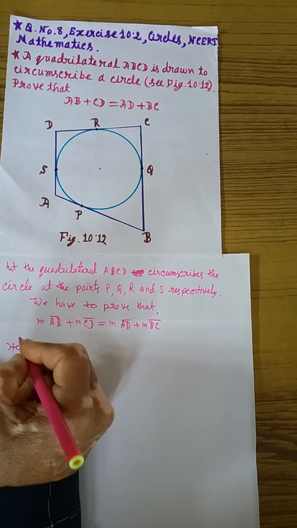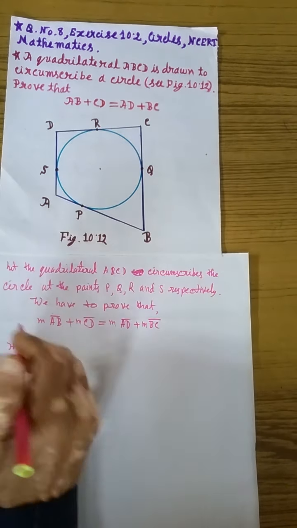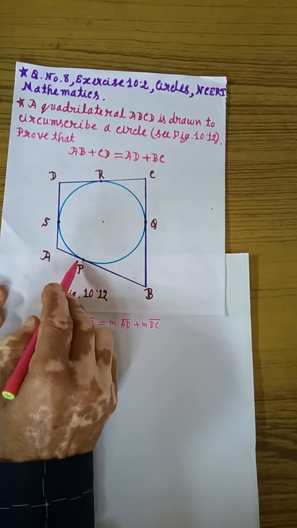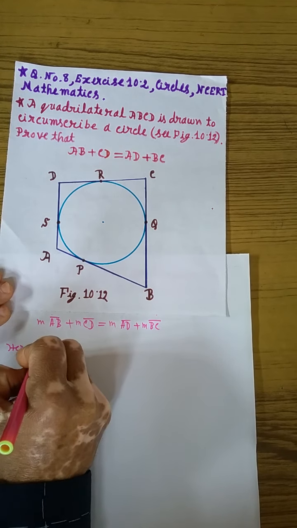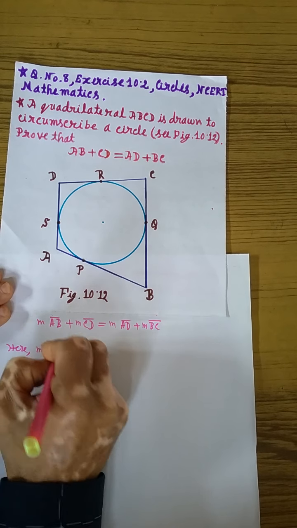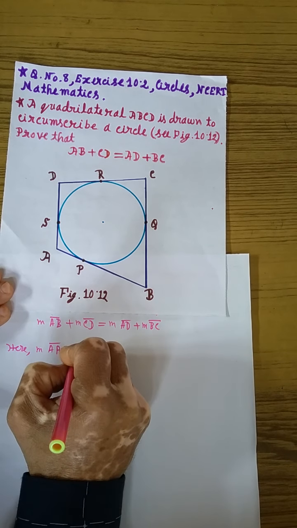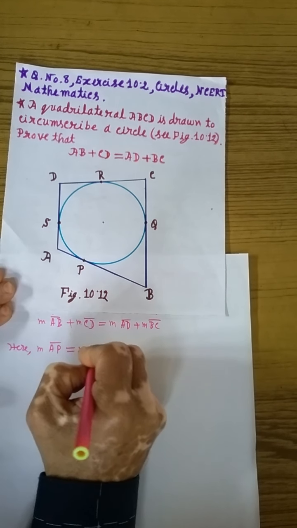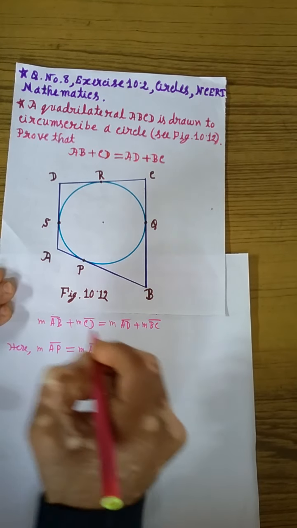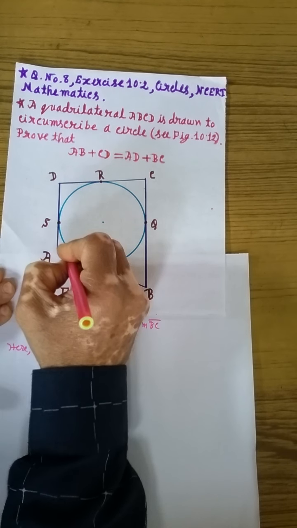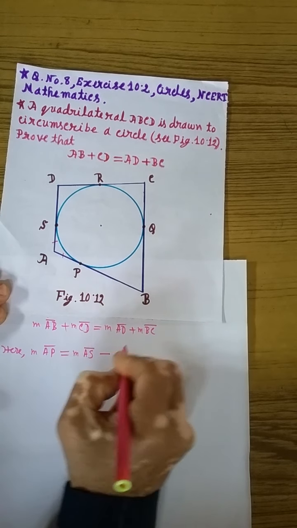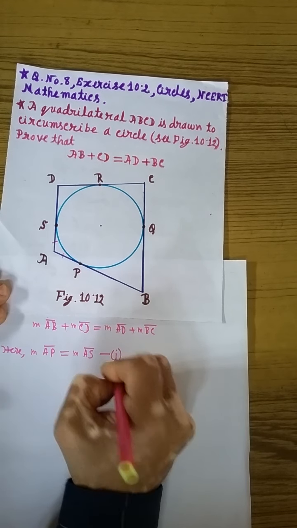Here measure of AP, this one, is equal to measure of AS. Let us name this relation as 1.